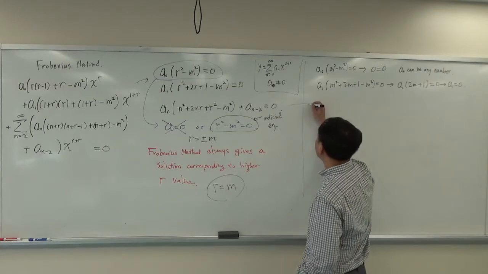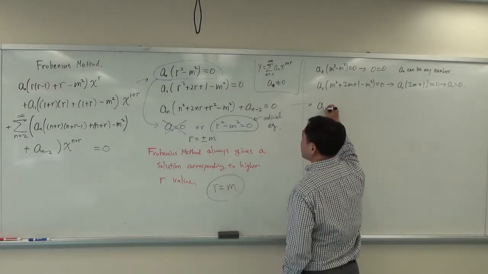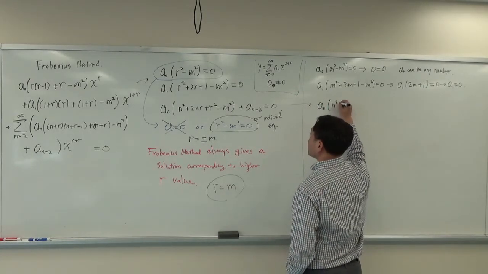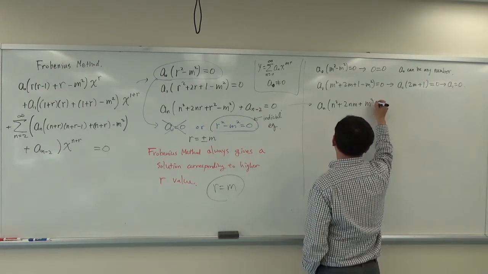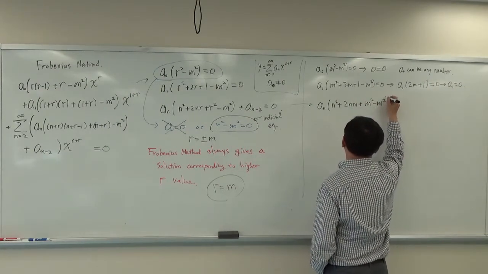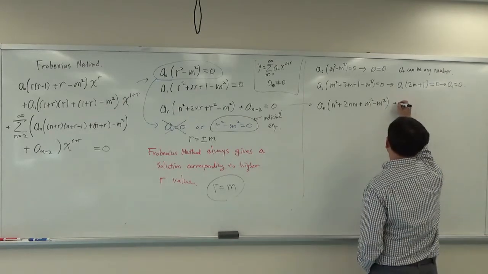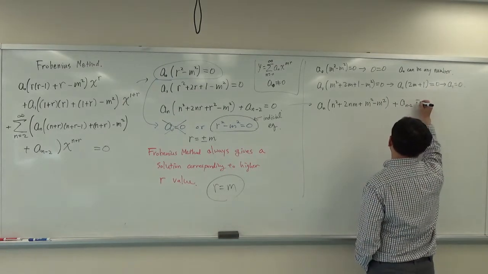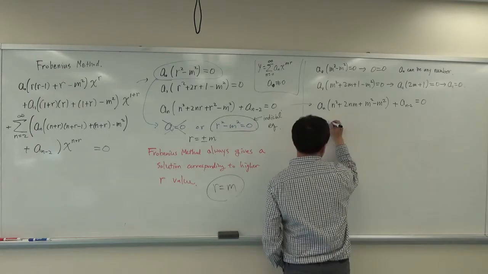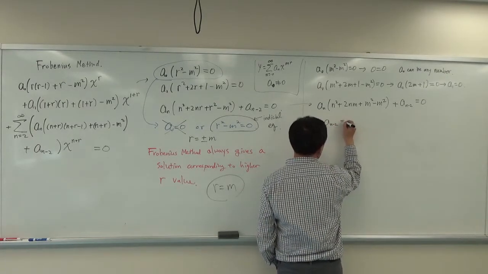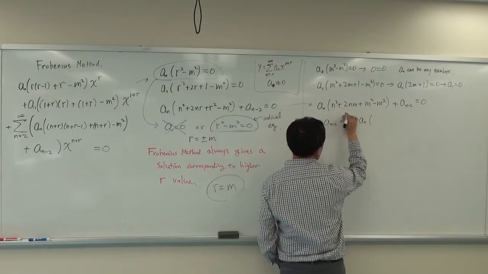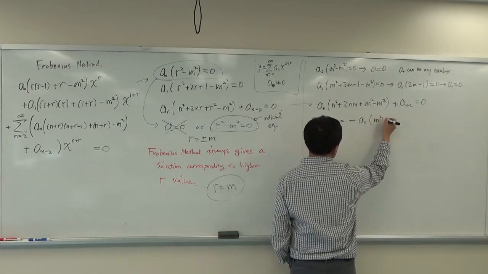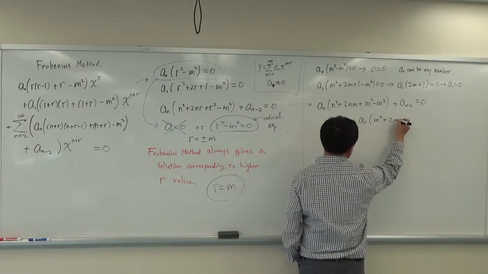And for this one here, n squared plus 2nm plus m squared minus m squared is what you have, plus a(n minus 2) equals 0. So if you solve for a(n minus 2), this is negative a_n times (n squared plus 2mn).